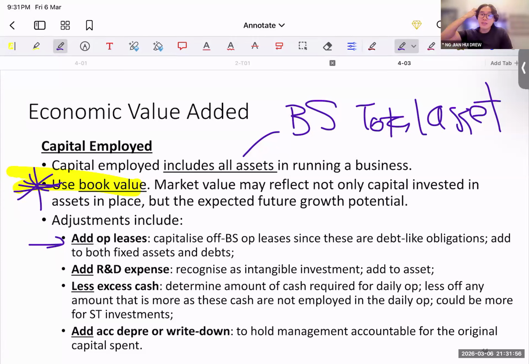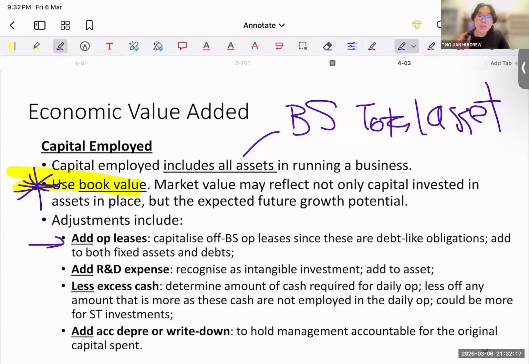So if you notice for R&D expenses, typically they are being expensed off under accounting rules unless you can prove that R&D is going to generate income in the sense of a new research product.